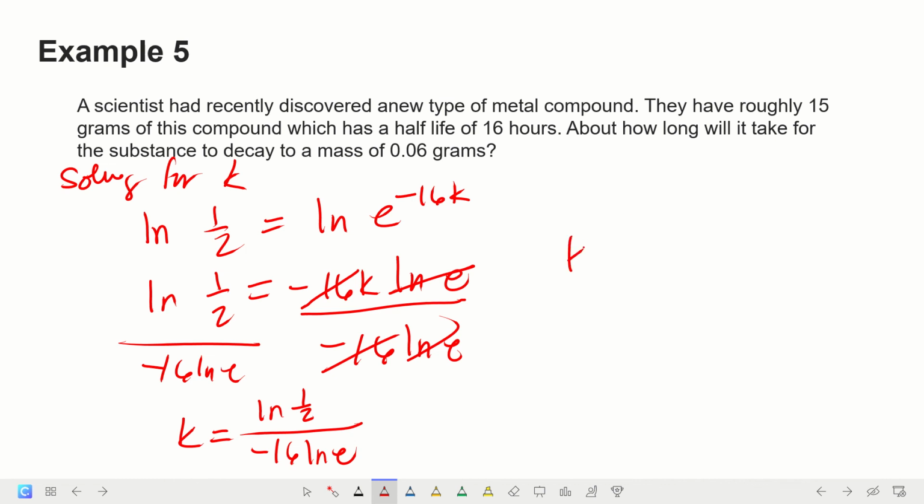So, k is equal to natural logarithm of 1/2 divided by negative 16 times the natural logarithm of e. So, k, our relative growth rate factor, is equal to natural logarithm of 1/2 divided by negative 16 times natural logarithm of e.